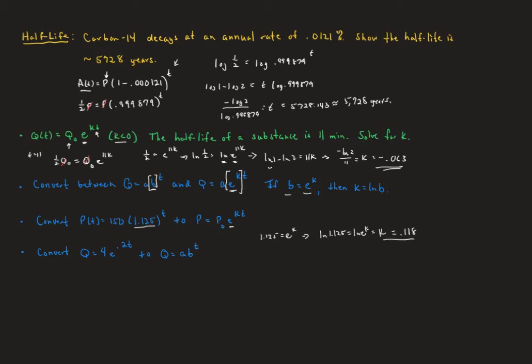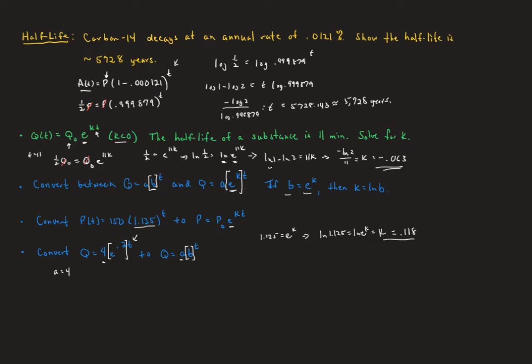Now we're going to go the other way, and we're going to try to convert this exponential base Euler's number into just an ordinary base. And so we can see that when t is 0, e to the 0 is 1 times 4 is 4. So the easy part of this is to know that a is going to be equal to 4.